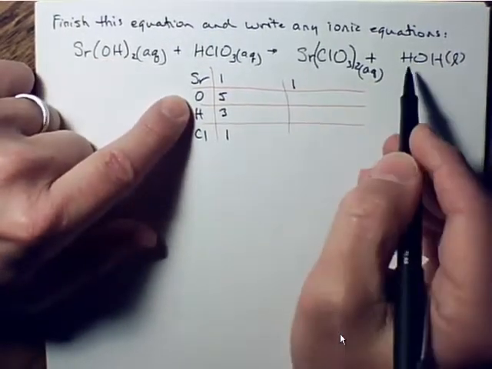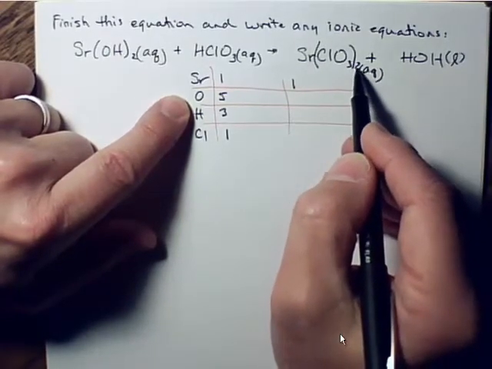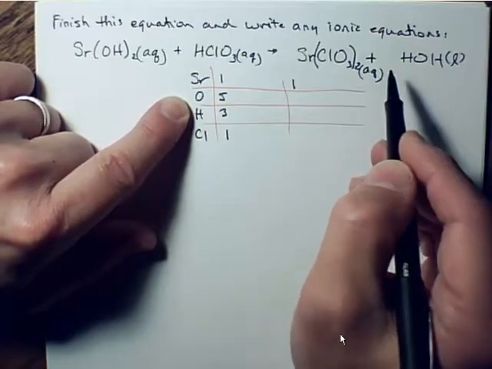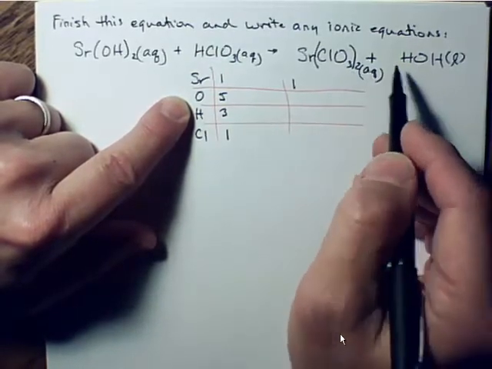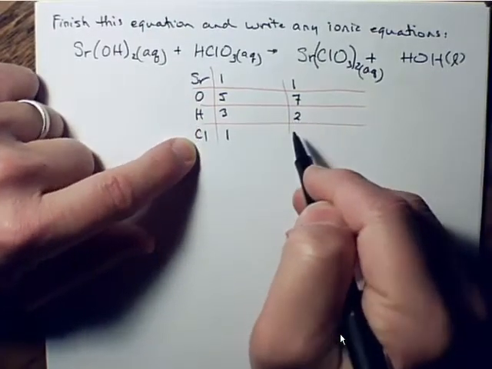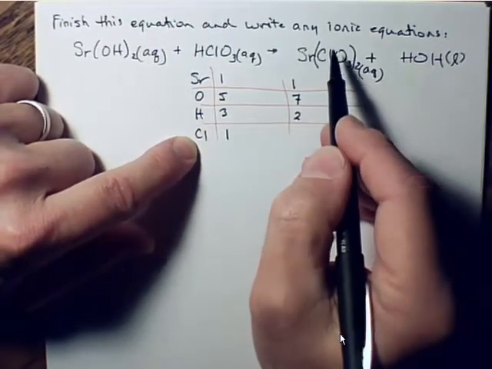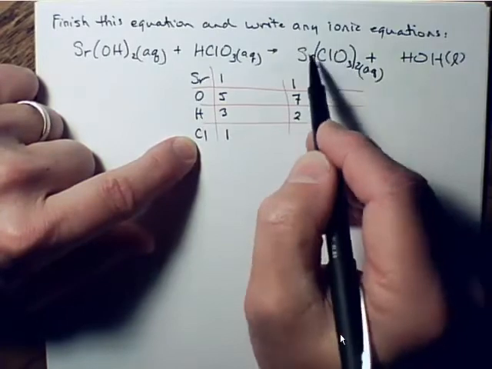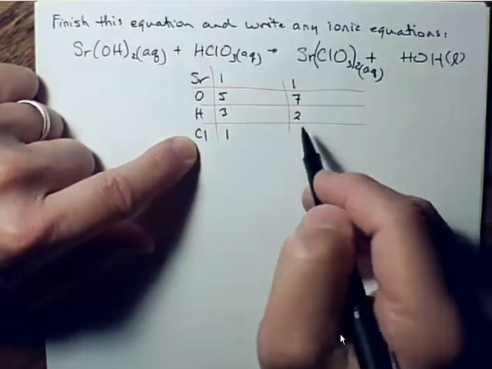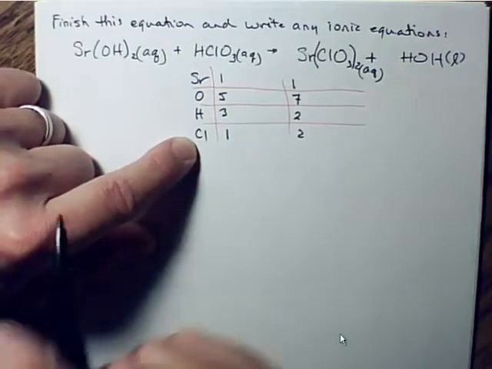On the other side, I've got 1 strontium. I've got 2 times 3 oxygens here, that's 6, plus the 1, that's 7 oxygens here. I have 2 hydrogens, and I've got 2 times the 1 chlorine in the polyatomic ion chlorate. 2 times 1 is 2.